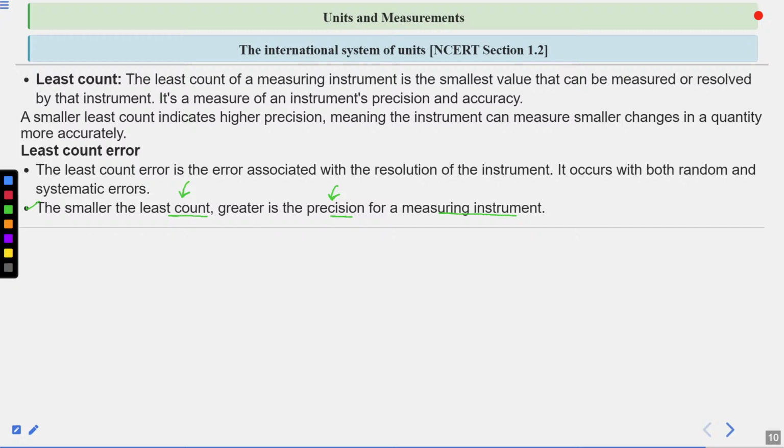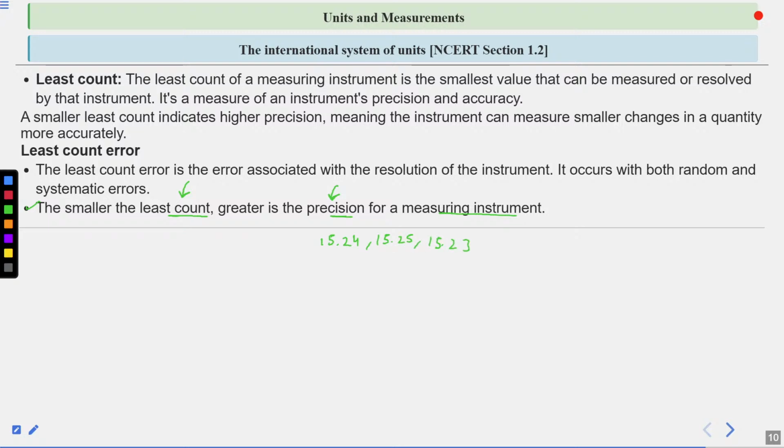Suppose a student measures the length of a road 3 times and records the values as 15.24, 15.25 and 15.23.